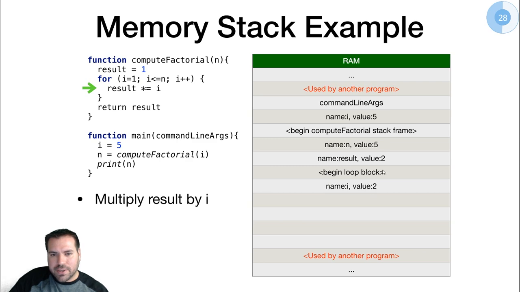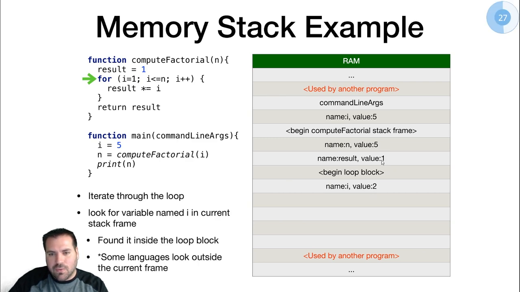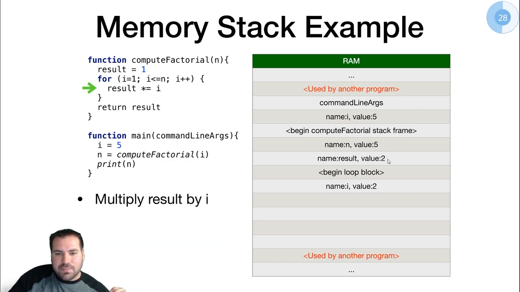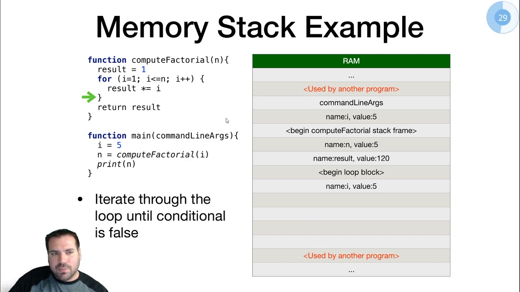Result, we do find, which is 1, and I is 2 in this case. 1 times 2 is 2, so reassign result to 2. So now this line updated result outside of the loop block and updated its value to 2. And then we do the same thing for every execution of the loop. I won't unfold the whole loop. That's a 115 topic. We're going to end up with a result of 120.